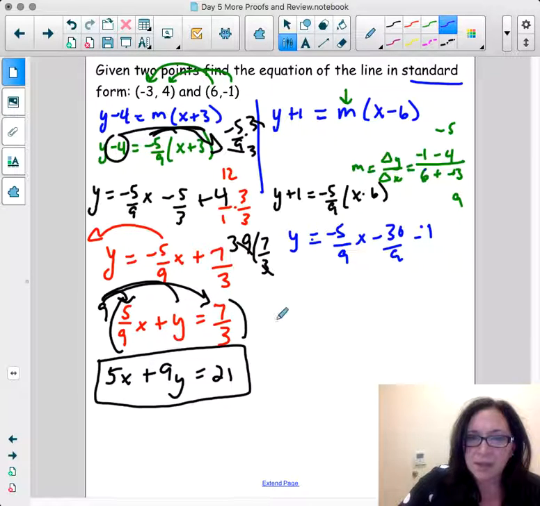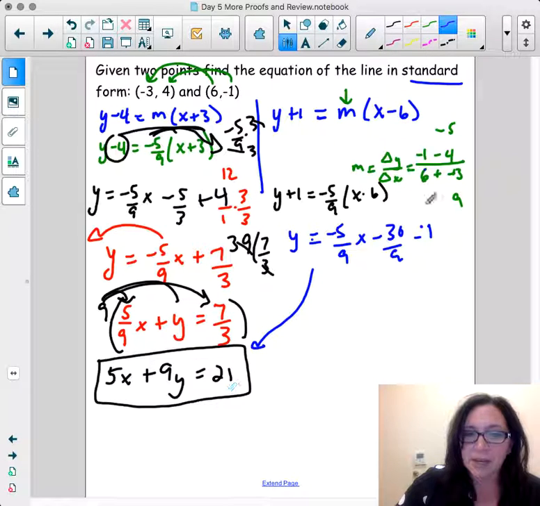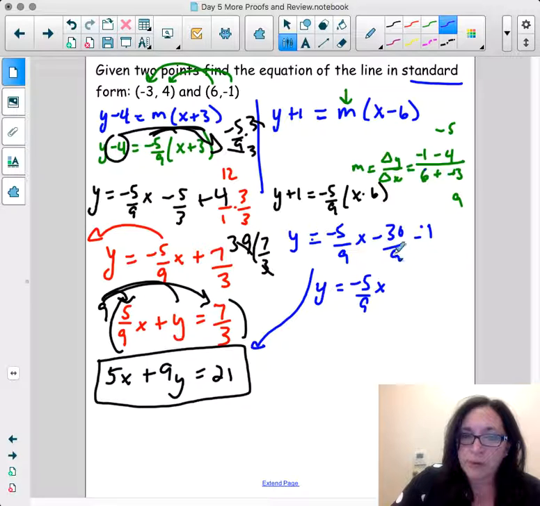Keep in mind the same answer that you're going to get is this one right here. Okay, I guess I could keep working it out. Equals negative 5/9 x. This is negative 30. Oh, maybe I should just reduce that. Anyway, negative 30 over 9. What does that make? Let's divide by 3, and I get 10/3.